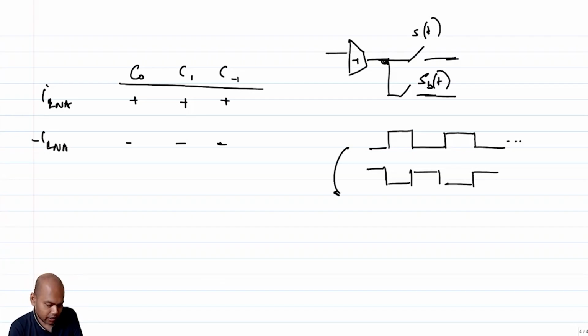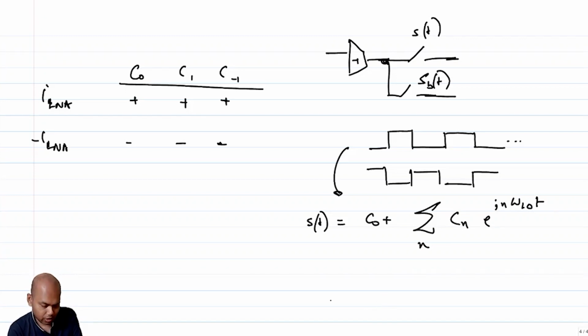So if ST has a, I can express ST as C0 plus summation of Cn e power j n omega LOT, summation over all n where n is not equal to 0, right?